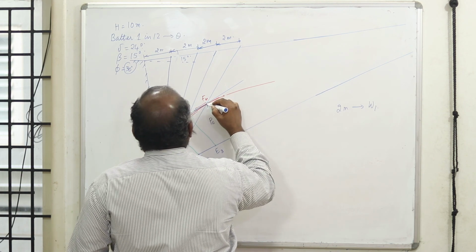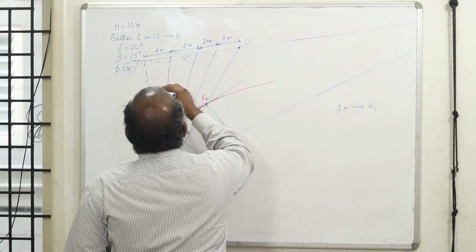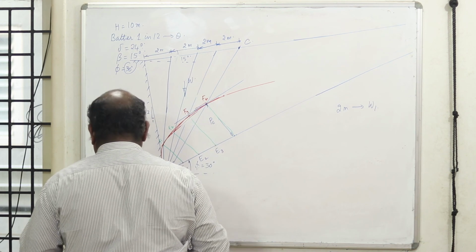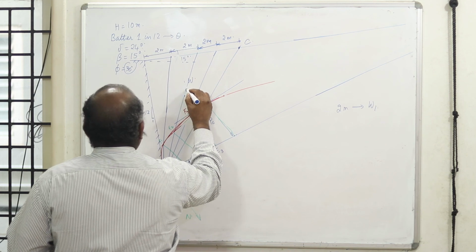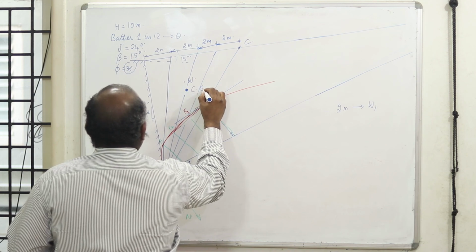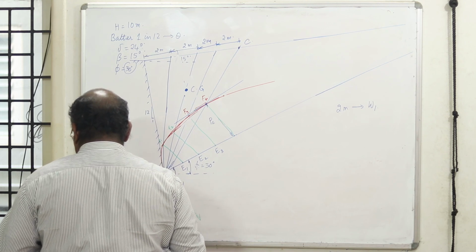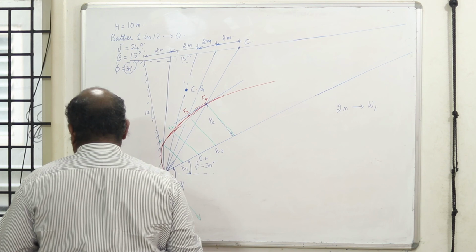Now I am going to draw the line. I get my C point. Now for this area, I need to find out what this W is. Once I get my W, I get my centroid. Let us say this is the CG of W. This is the G point. From there, I am going to draw a line parallel to the psi line.